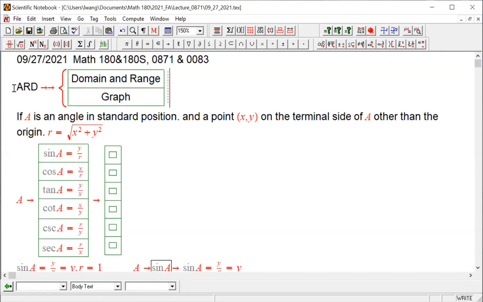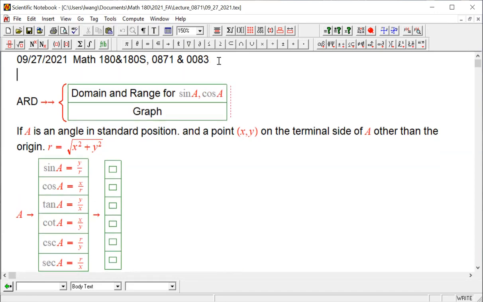So today we finished from ARD to domain and range for sine and cosine, and we did the graph. So let's look at tangent.